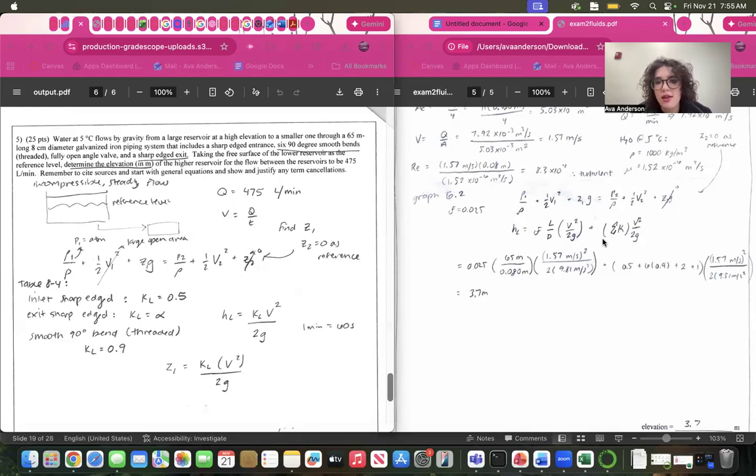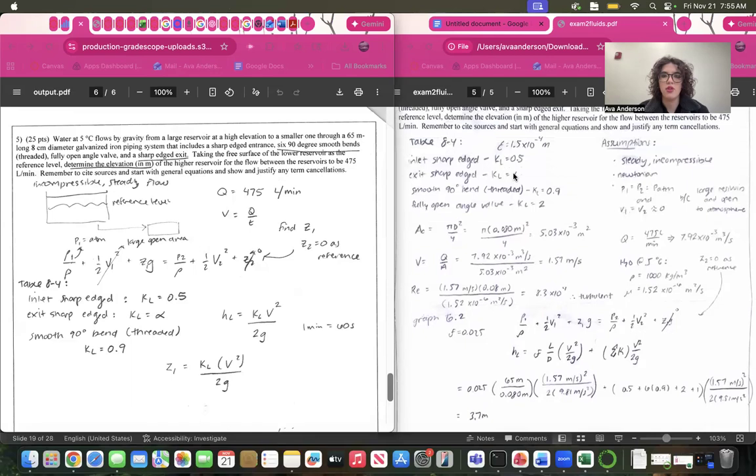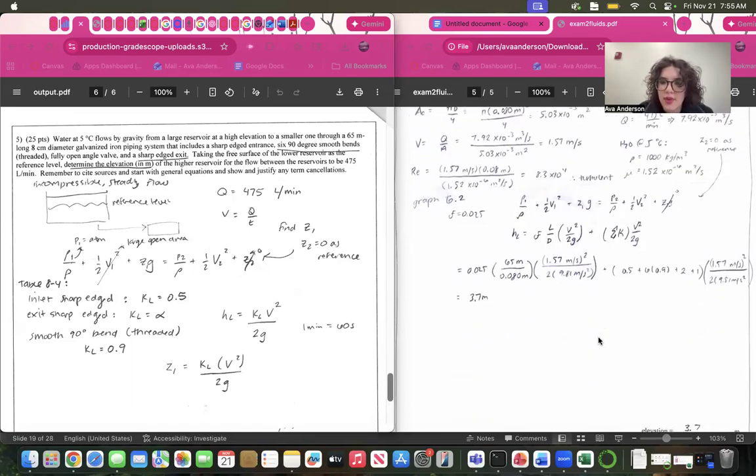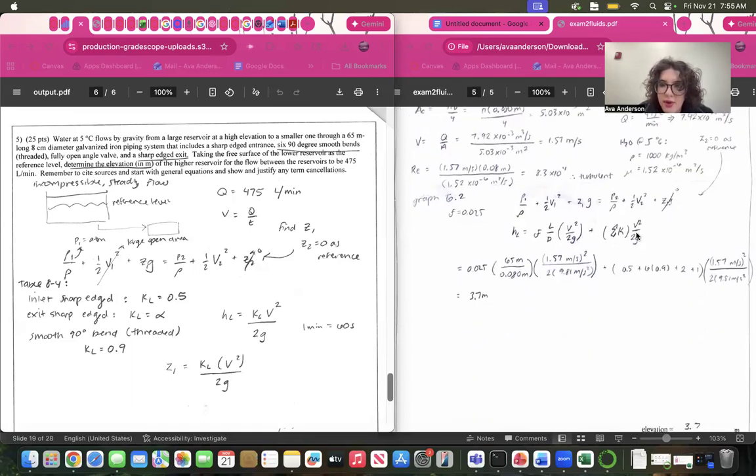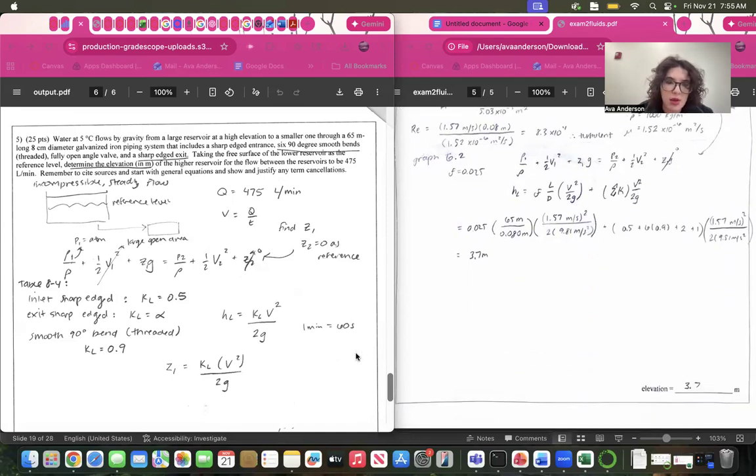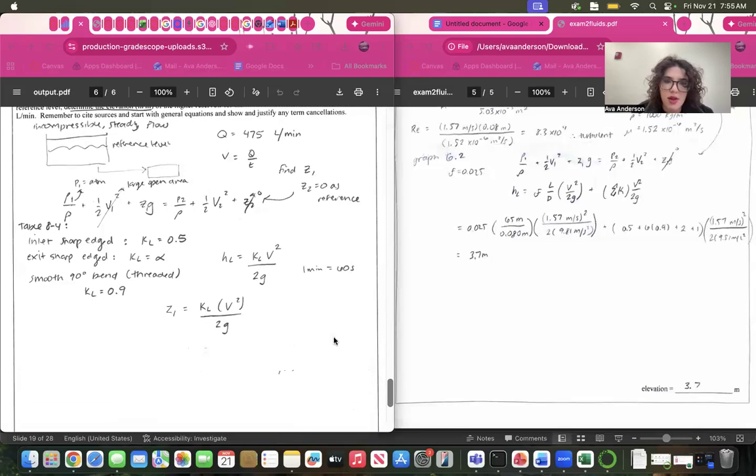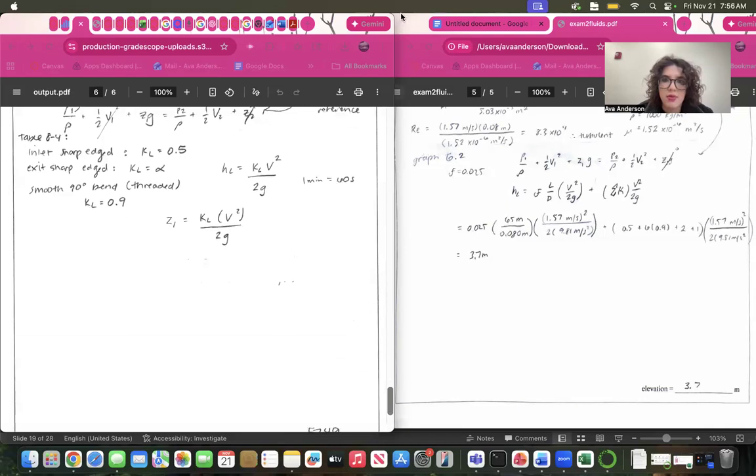And then you add that to the sum of all of the K values that you had to pull from up here, of all the different stuff you had. You multiply that by V squared divided by 2G. And subbing all of that in, you get 3.7 meters. I did not solve Bernoulli properly over here, which is why I didn't. Yay!